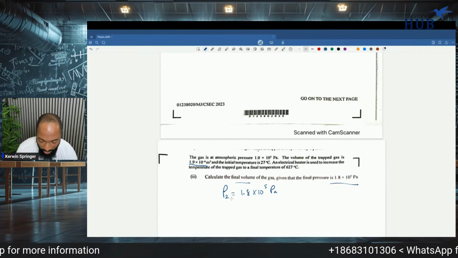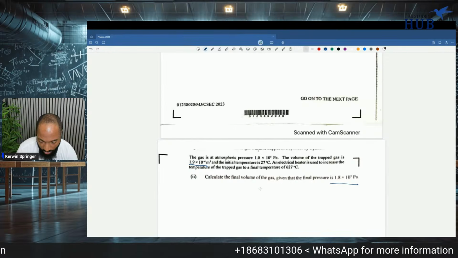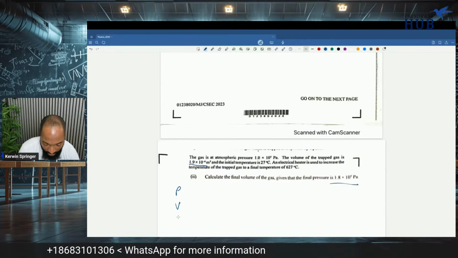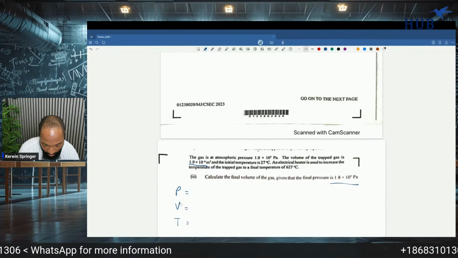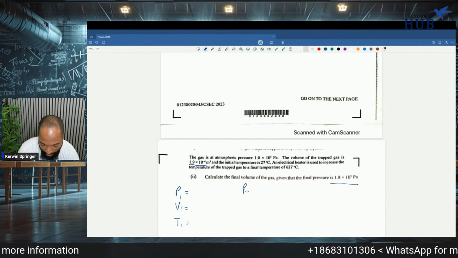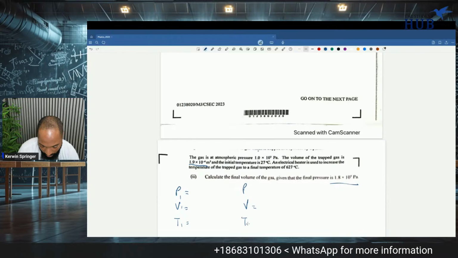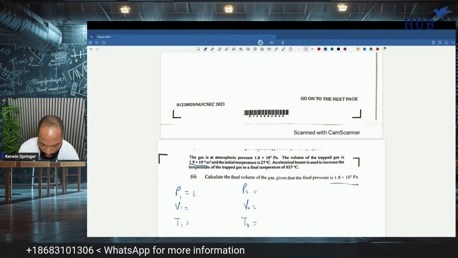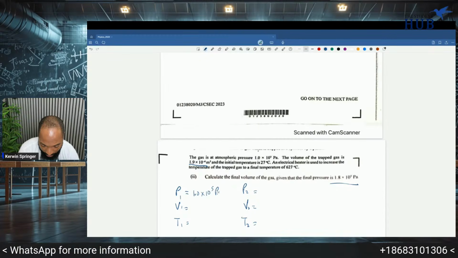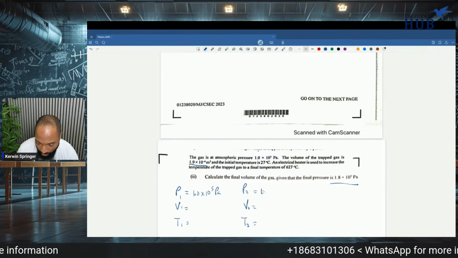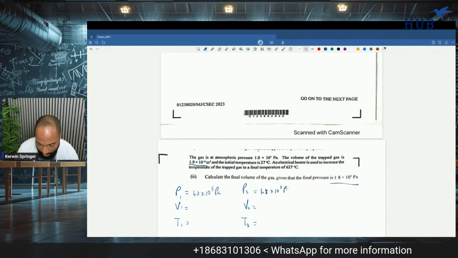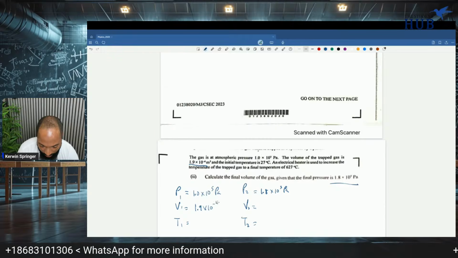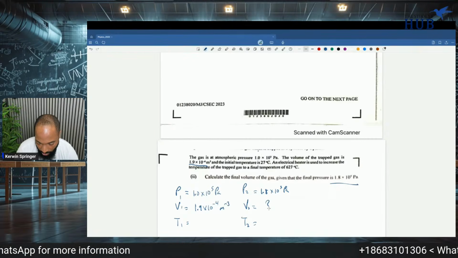Let's write out all the V1s and V2s, P, V, T: 1, 1, 1, and then P, V, T: 2, 2, 2. P1 was 1.0 times 10 to the power 5 pascals. P2 was 1.8 times 10 to the power 5 pascals. V1 was 1.9 times 10 to the negative 4 meters cubed. Good units. V2 is what we're trying to find.